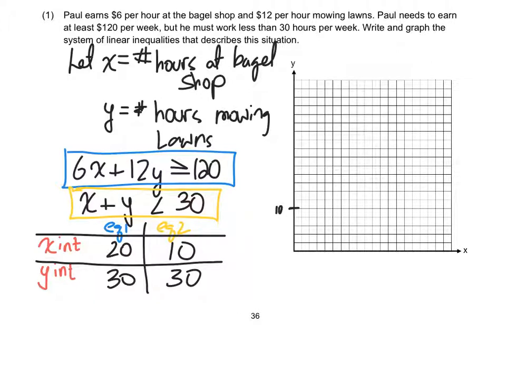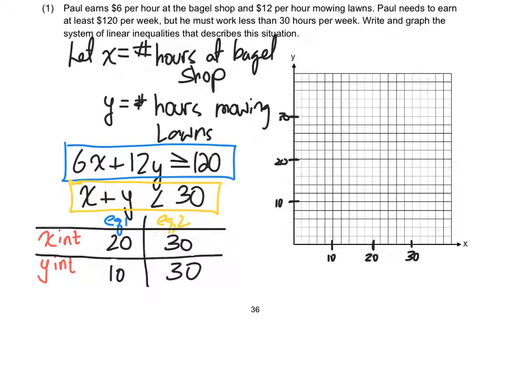So this would be 10, 20, 30, 20. Right, so for my first equation, I'll do a little highlighter here. Let me try that again, shall we?